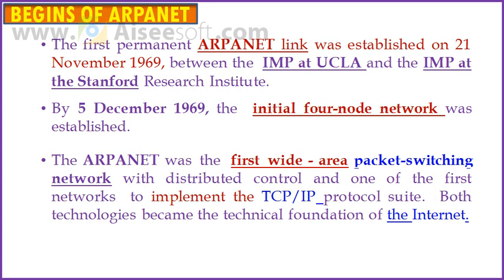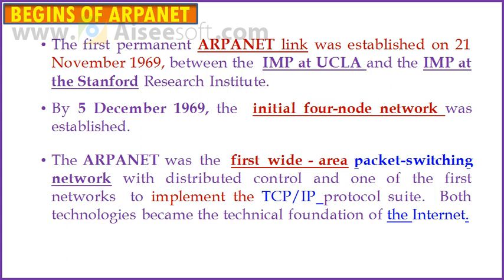Beginnings of ARPANET. The first permanent ARPANET link was established on 21st November 1969 between the IMP at UCLA and the IMP at the Stanford Research Institute. By 5th December 1969, the initial 4-node network was established.